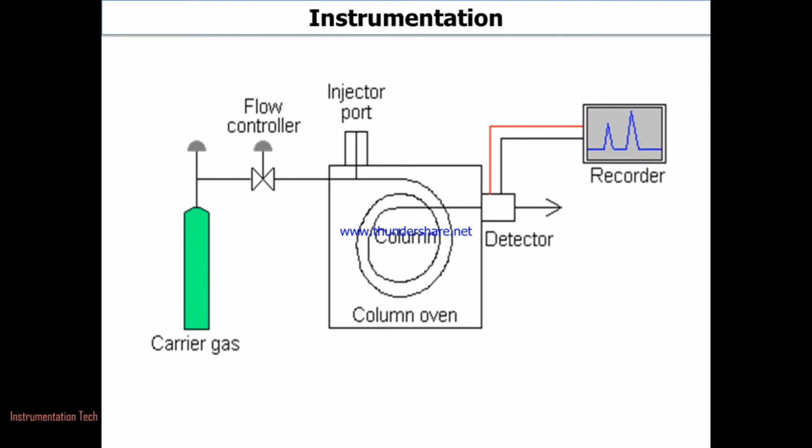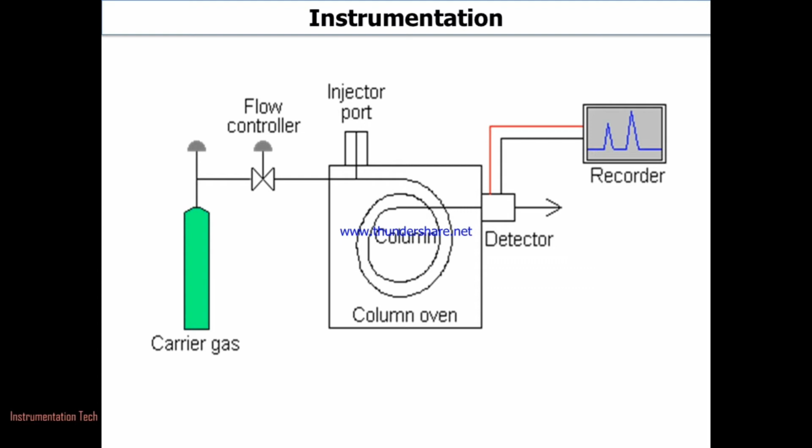When a small quantity of the volatile sample is introduced, the gas carries it onto the column. In the column, the sample compounds become distributed between the liquid and the gas phase. These components travel more slowly than the carrier gas because they are being retarded by virtue of their interaction with the liquid phase.